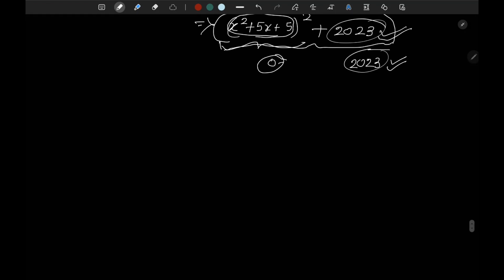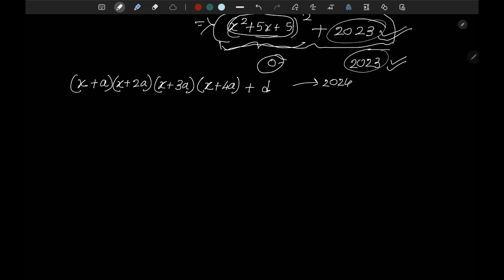And remember that this particular problem will always be given to you in the form of 4 terms in AP. So let's take x + a, x + 2a, x + 3a, x + 4a, and plus some constant term d. d was 2024 in the previous case, right?